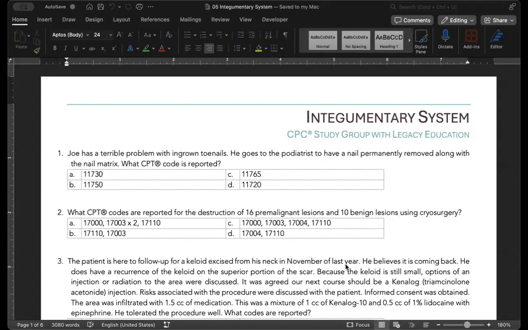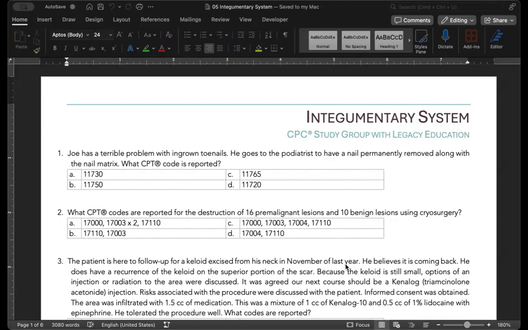And that gives us a range of codes, the 11730 through 32, and then the 11750. So let's go to the 11730 through 32, and then 11750.